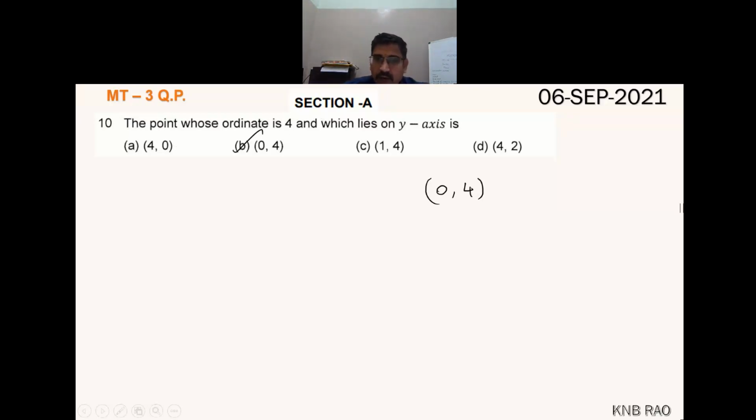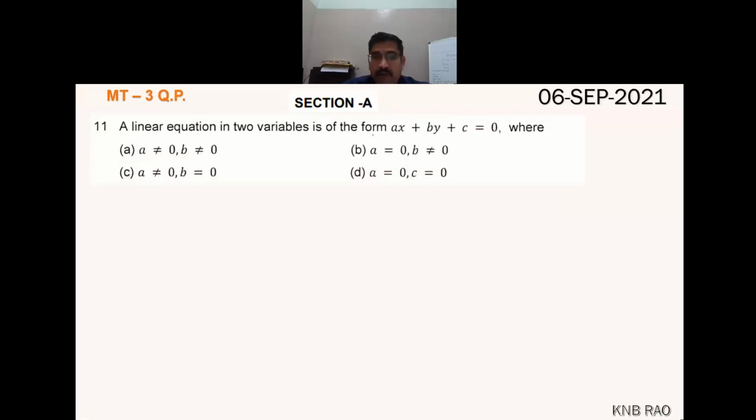Question number 11. Linear equation. From here, question number 11 onwards, you will have linear equations in two variables. A linear equation in two variables of the form ax plus by plus c equals to 0, where a, b, c are real numbers, and this x coefficient should not be 0, b coefficient should not be 0.